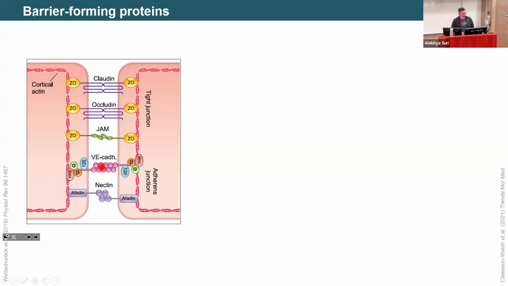All of those endothelial cells also express adherence junctions, and they're mostly mediated by vascular endothelial cadherin, or VE cadherin. And VE cadherin is anchored to the actin cytoskeleton via a complex of catenins, basically alpha, beta, and p120. And then there's also nectin and ephrin, but I don't really care about those.